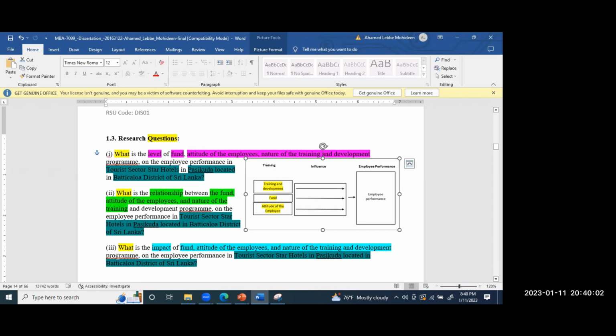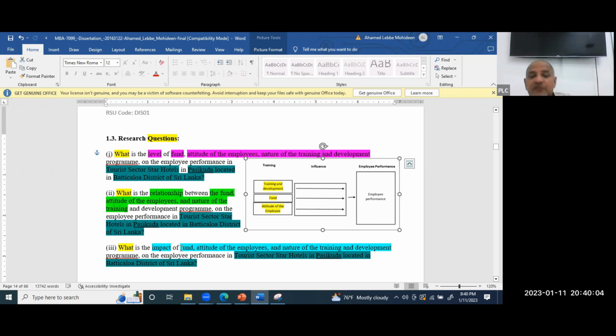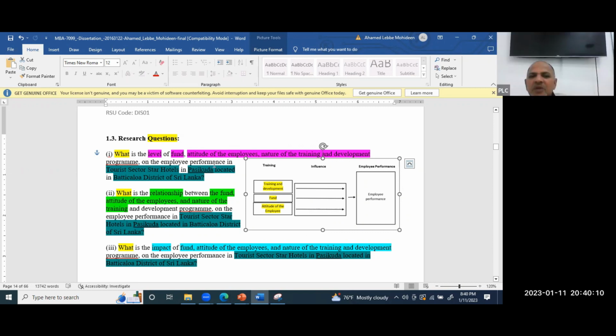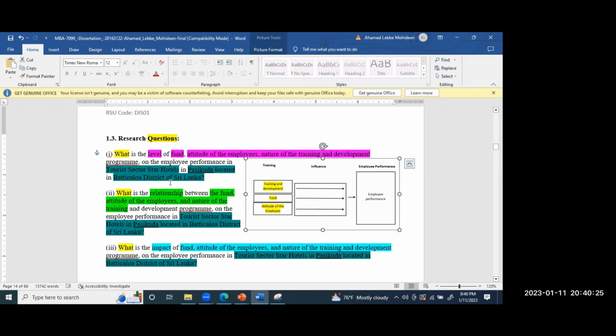What is the impact of fund, attitude on employee performance, in a tourist hotel in Pasikuda, in a particular district of Sri Lanka? Do you understand now? Yes, sir.